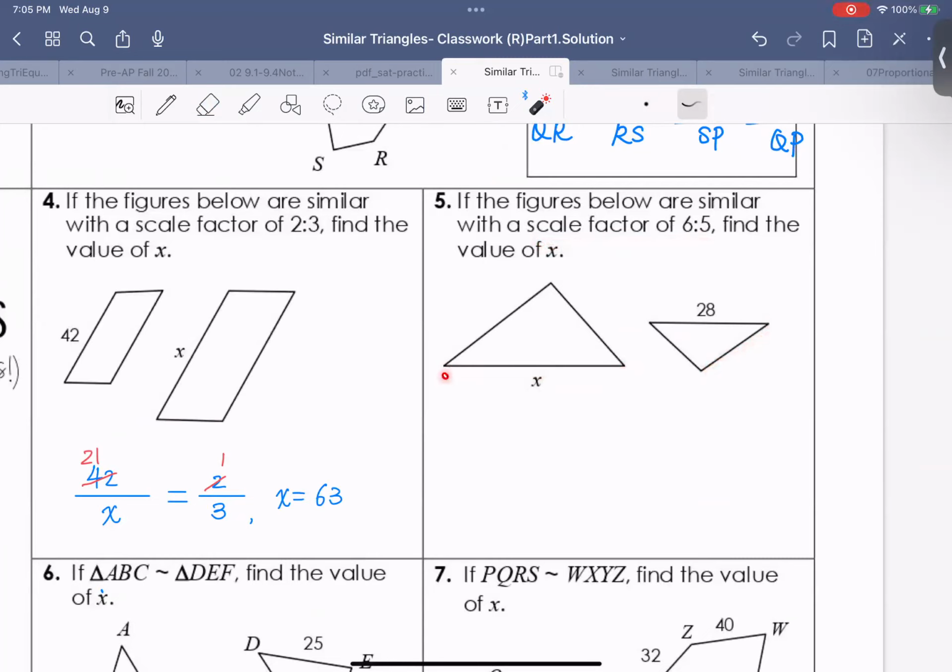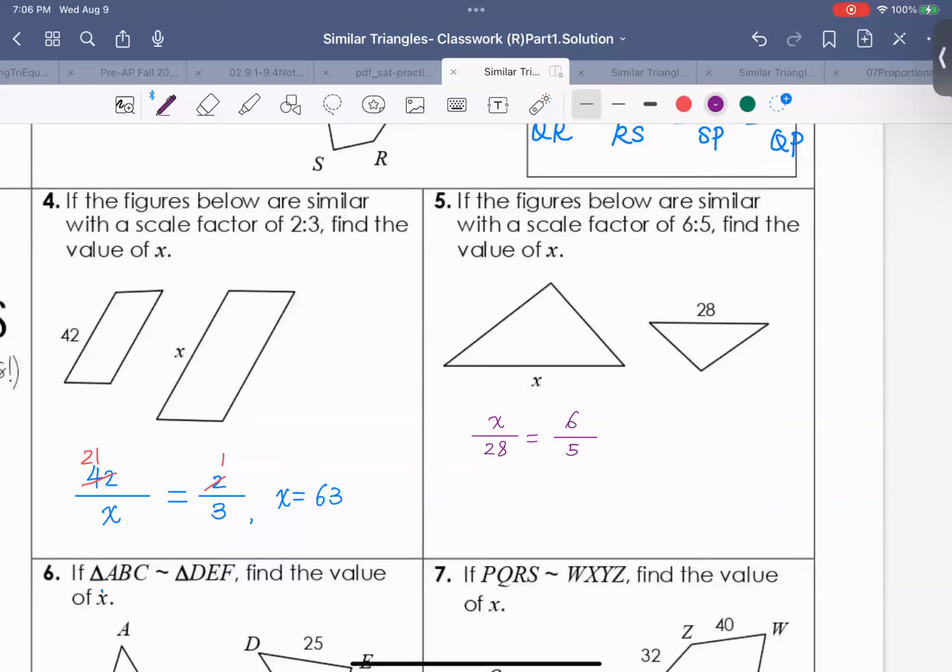So that means you can make this side divided by 28 equals 6/5. So x over 28 equals 6 divided by 5. You do this ratio: this side over this side is the scale factor, which is 6/5.